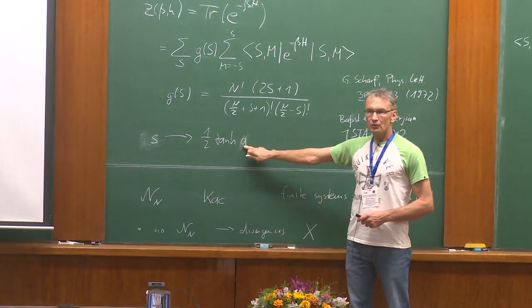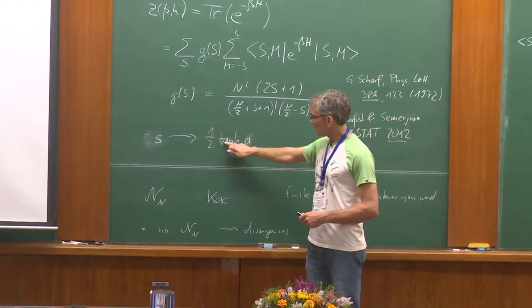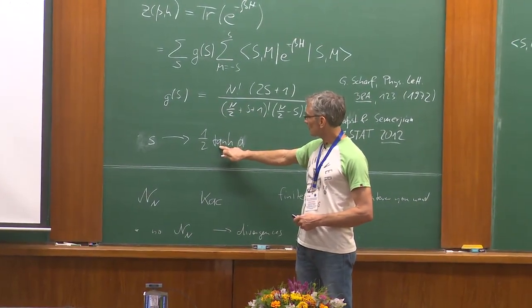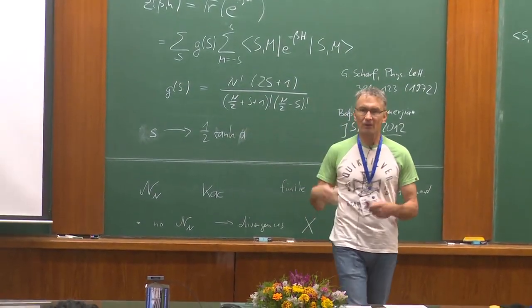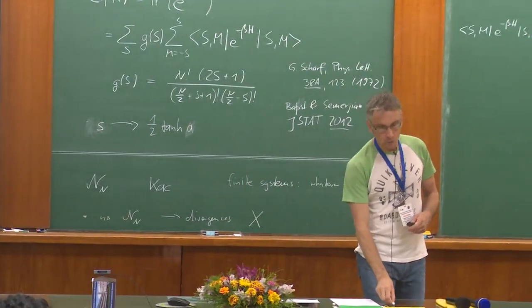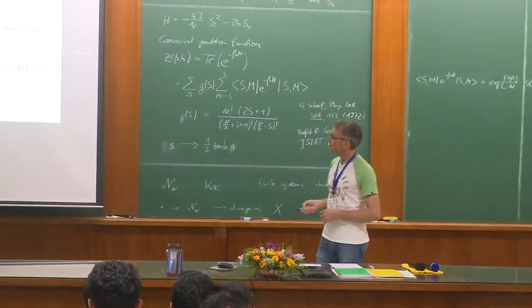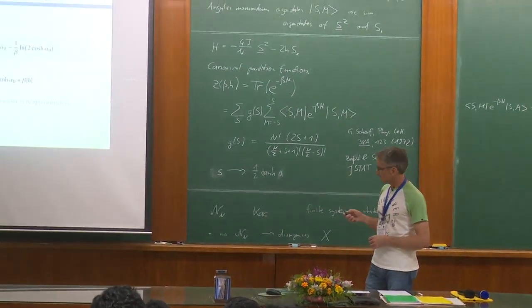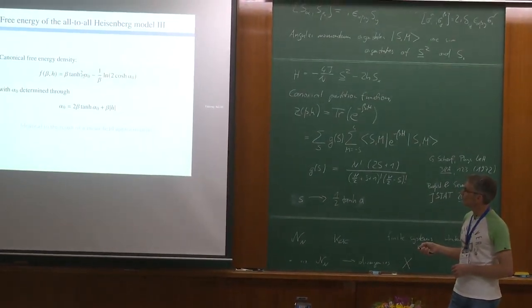So we introduce a new variable a. You can search the maximum, because this is a monotonously increasing function. You can search the maximum with respect to this variable, and the calculation becomes doable, and you can determine the maximum analytically and end up with this canonical free energy density, which I've written here.